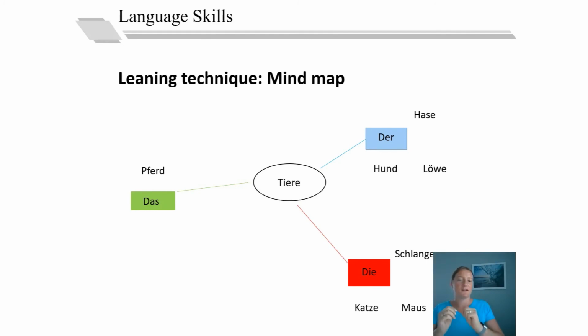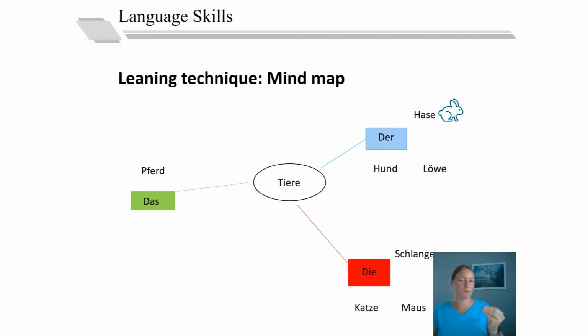You see that we talk about Tiere, animals, that we have three definite articles with the colors, that Löwe, even if it ends with an E, is not part of the rule with die, that das as the definite article is used less, and that der and die are quite the same, often used. So one picture, so much information.